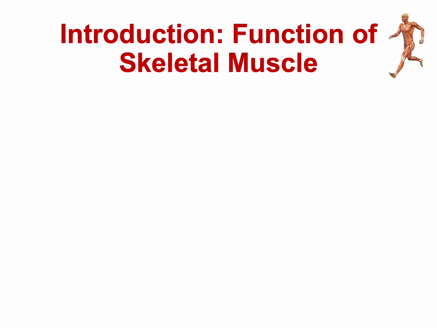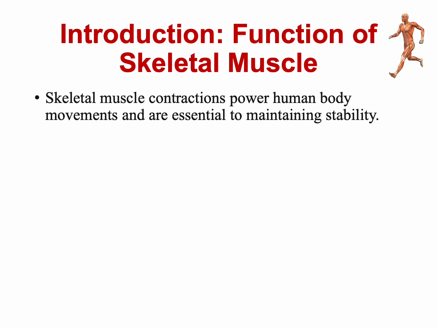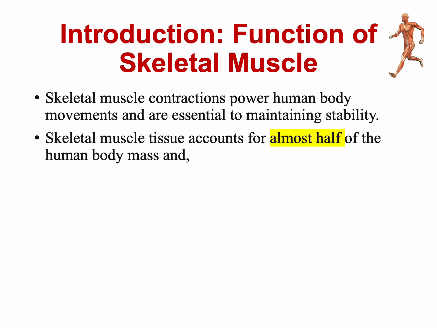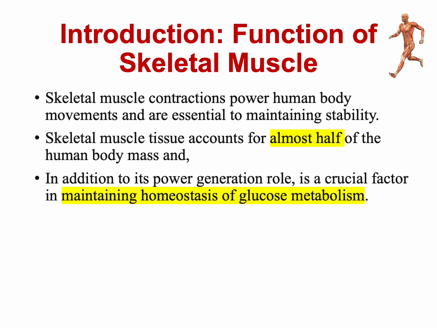Okay, so as an introduction, what are the different functions of skeletal muscle? Skeletal muscle contraction powers human body movements and is essential to maintain stability. Skeletal muscle tissues account for almost half of the human body mass because of its large surface area, and beyond its primary role in generating power for movement, skeletal muscle is crucial for maintaining glucose metabolism homeostasis, which is the focus of our interest.